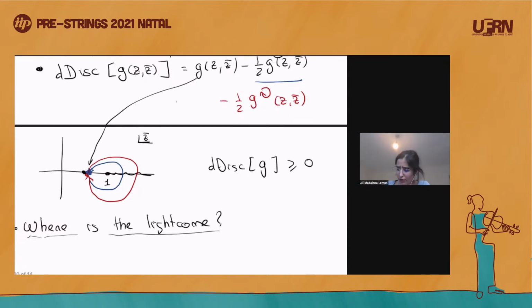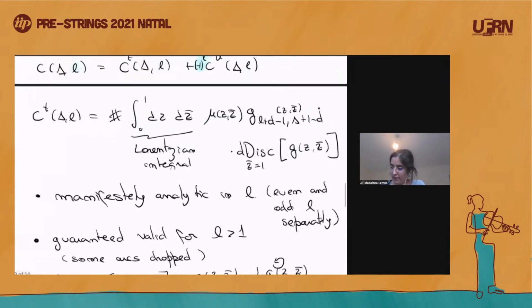So now if you take L much bigger than 1 in C delta L, you just go to the expression I wrote down and you take large L here and you see what happens to these integrals, and you will see that the kernel will actually project the integral for a region where Z bar is near 1. But Z bar near 1, if you remember, of the correlator is exactly the light cone.